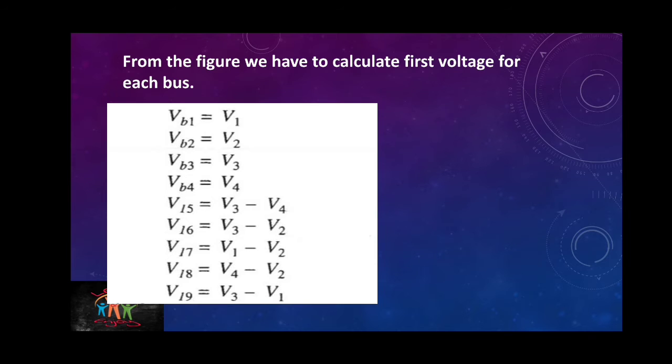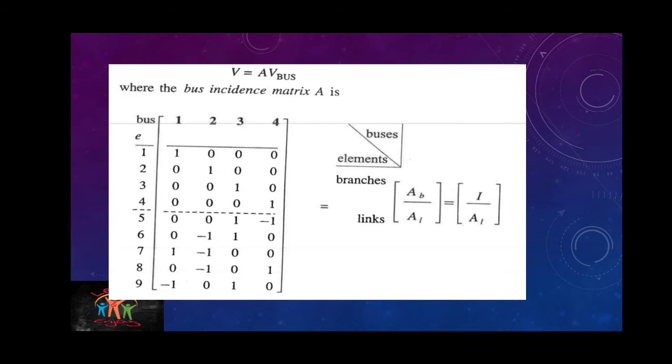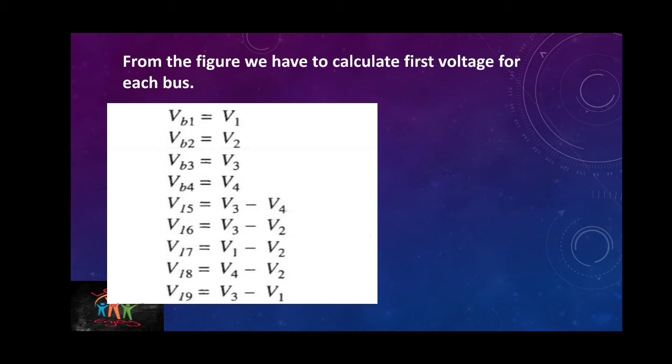Now you can see here VB2 is equal to V2, so we can write the second row as 0 1 0 0. Now VB3 is what? V3. Okay, so we can write this as 0 0 1 0.